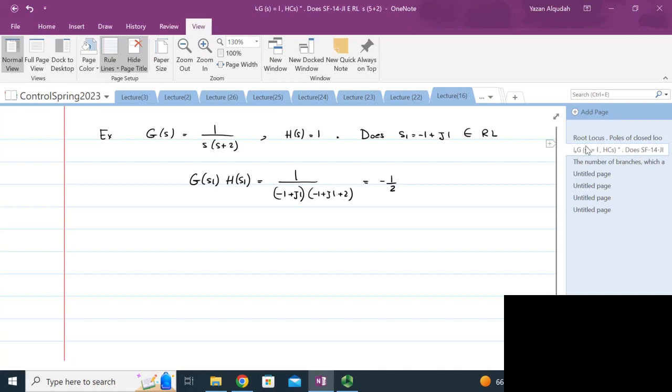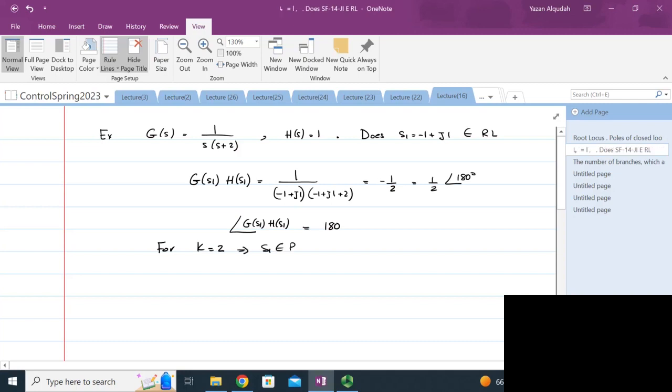Yes, the angle of g of s1 multiplied by h of s1 is equal to 180 degrees. This is equal to 1/2, and the angle is 180 degrees. And what is the value of k that will make this on the root locus? 2. Yes. So for k equal to 2, S1 belongs to the root locus.